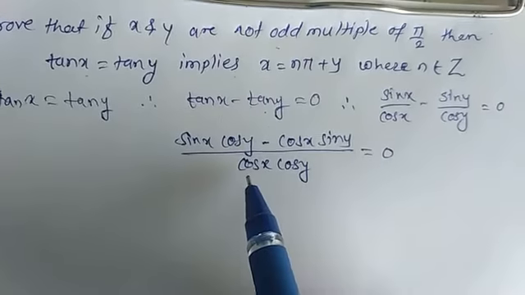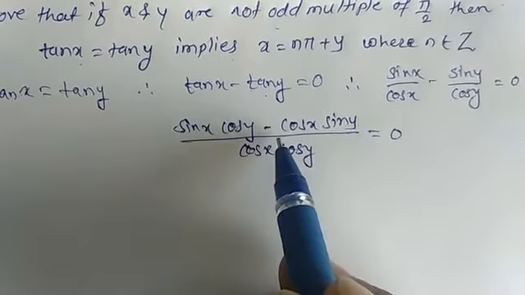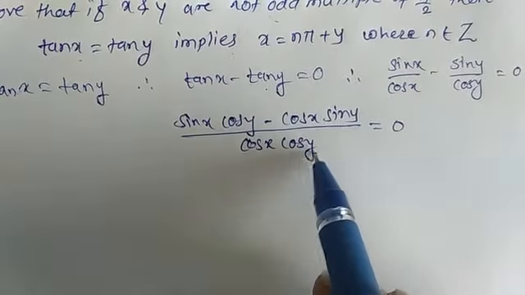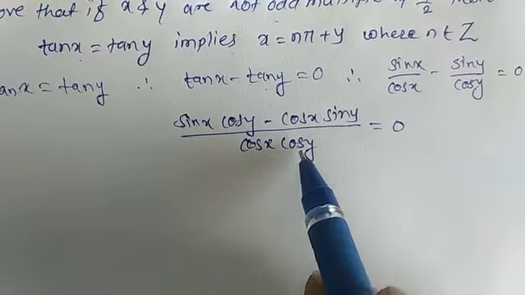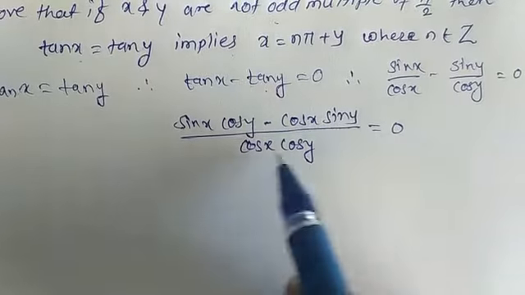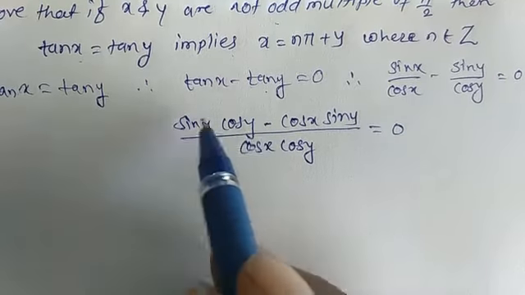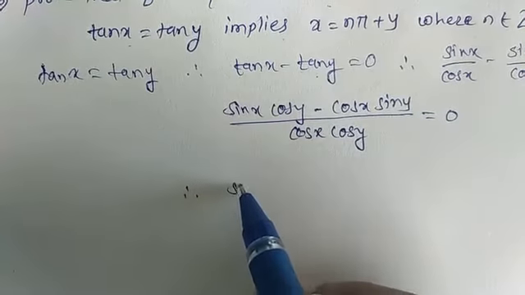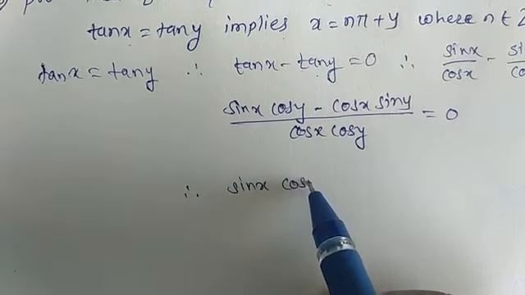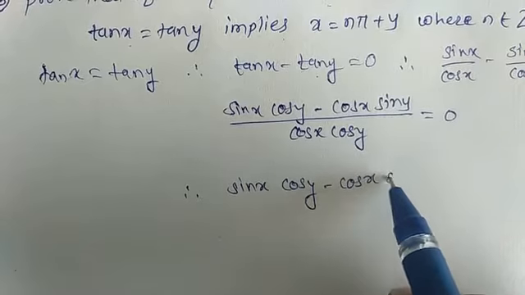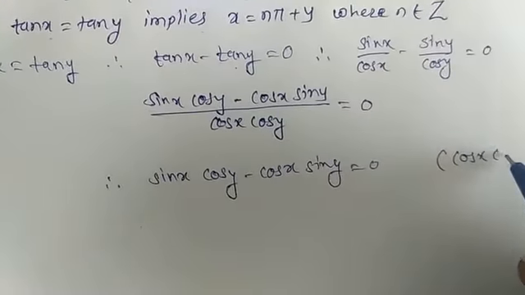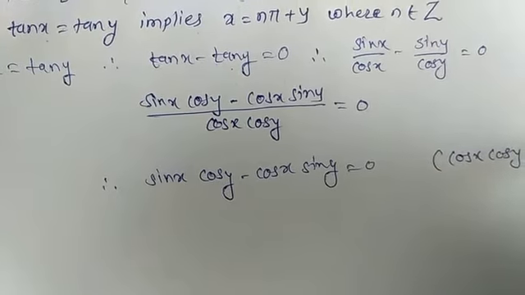So as we know, cos x in the LHS denominator should not be equal to 0. If the denominator is 0, it will be an infinite solution. Okay, so here we consider that it is not equal to 0, so sin x cos y minus cos x sin y equal to 0, as we write here, cos x cos y is not equal to 0.